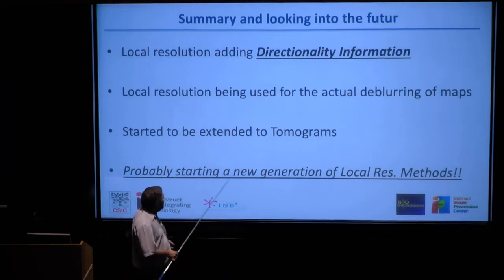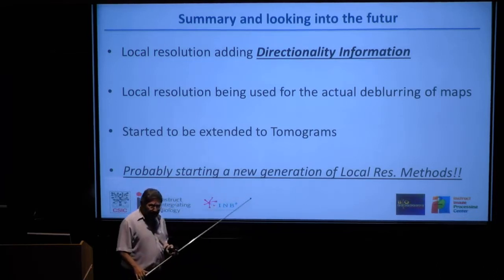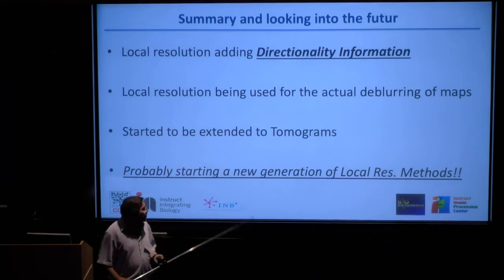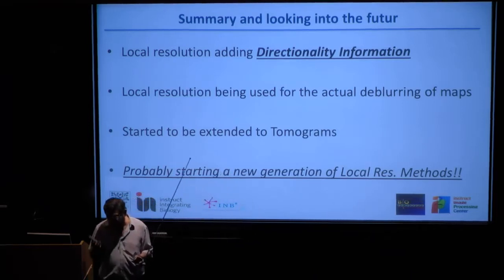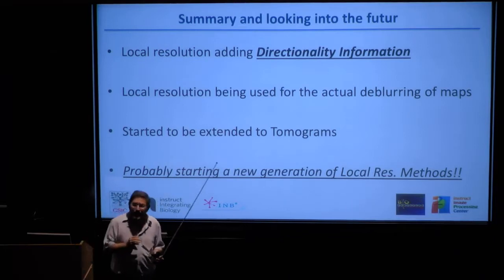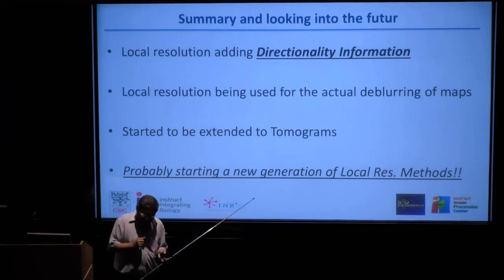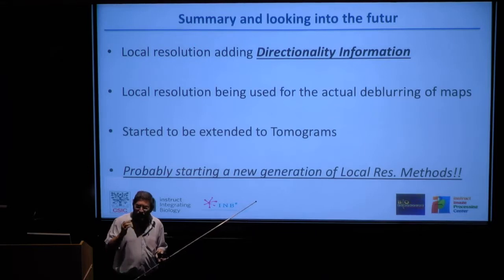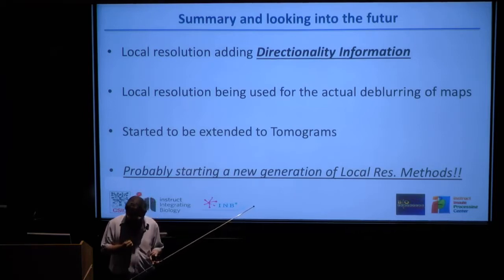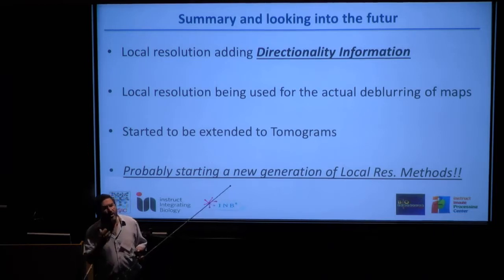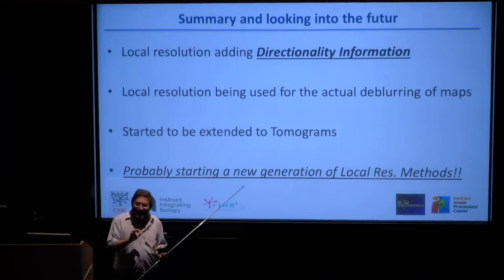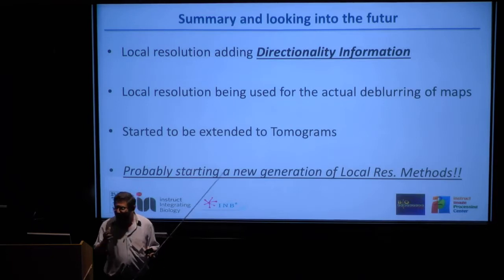And probably we are starting a new generation of local resolution methods. The first generation, BlocRes, ResMap, MonoRes, I think have done a good job, but now we have to introduce directionality. We have to introduce a key question that I suppose you have asked yourself more than once: how local is local? And it's not that easy.